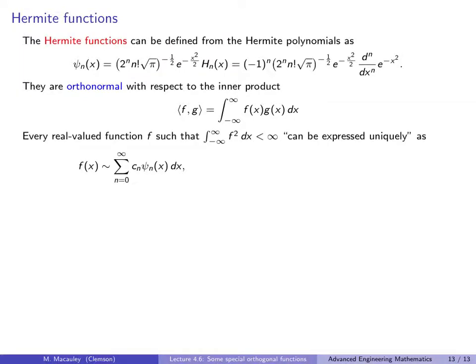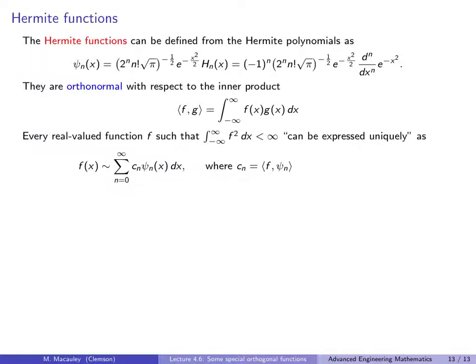Now, every real valued function f that is square integrable can be expressed uniquely as an infinite linear combination of these Hermite functions. So again, we're getting rid of this weighting condition, we're absorbing it into the function, and now we're just writing a normal function using these Hermite functions.